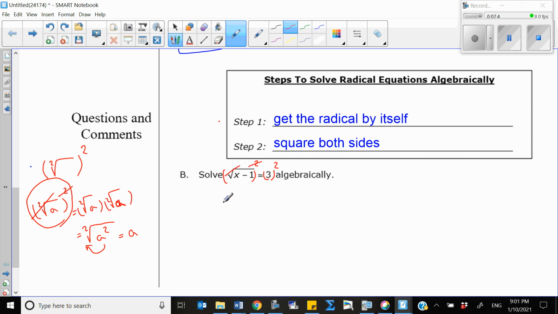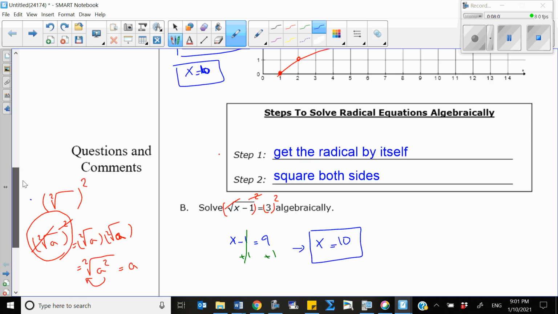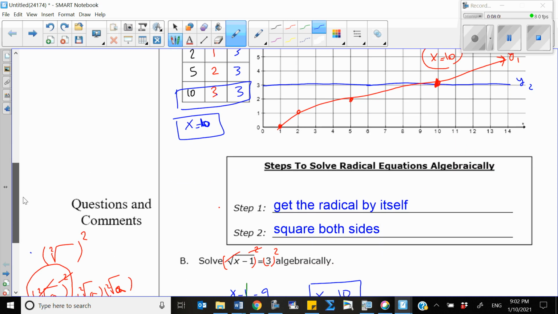On the left side I will have x minus 1, and on the right side I have 3 squared, which is 9. Now I have just a simple linear equation, and I can easily solve that by adding 1 to both sides. So after this step, x is equal to 10, and I found my answer. And it's the same thing that we got here.